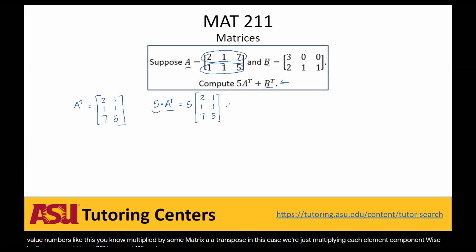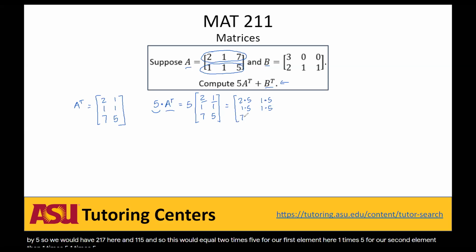And so this would equal 2 times 5 for our first element here, 1 times 5 for our second element, then 1 times 5, 1 times 5, 7 times 5, and 5 times 5.